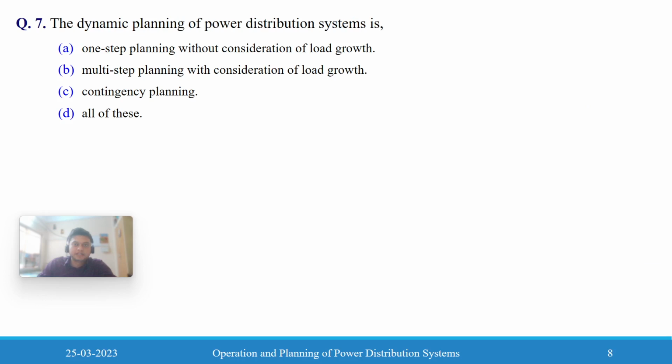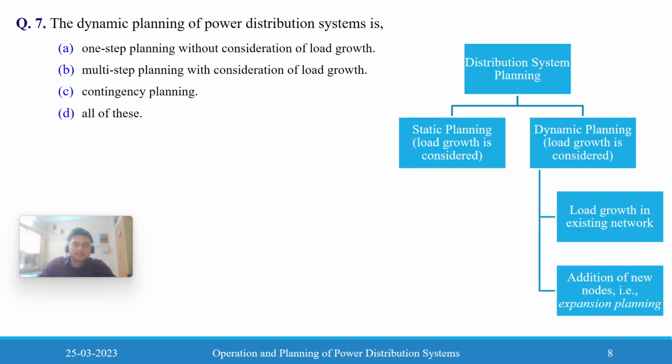Next problem is that dynamic planning of power distribution systems is. It is similar to the previous problem. So this one is the multi-step planning with consideration of load growth.